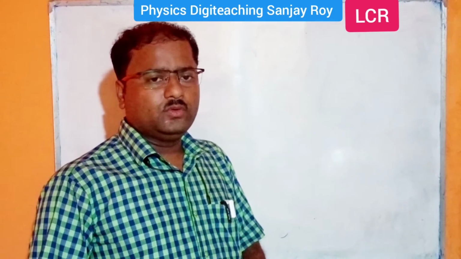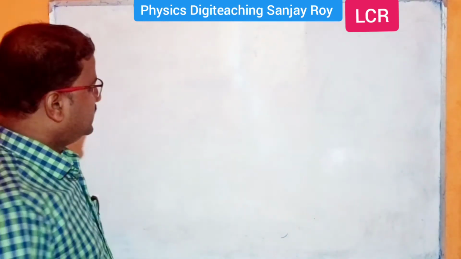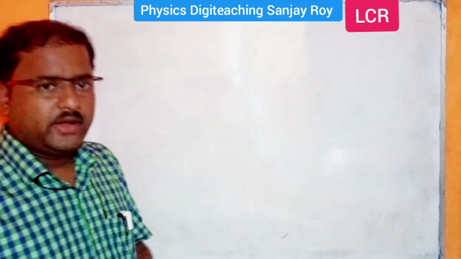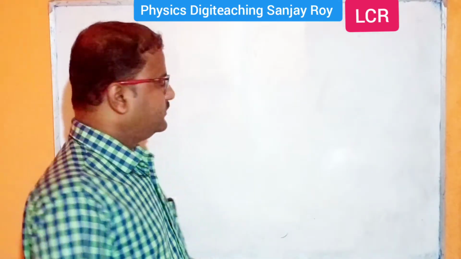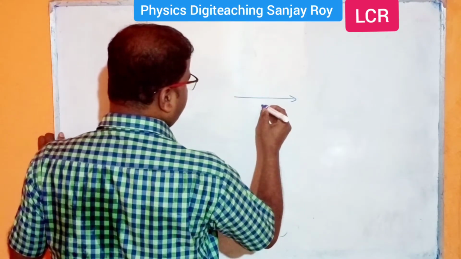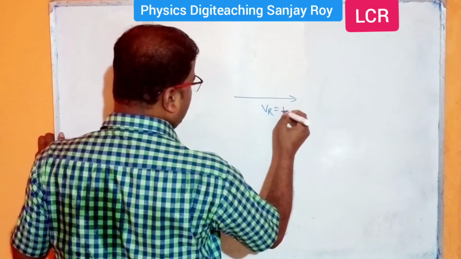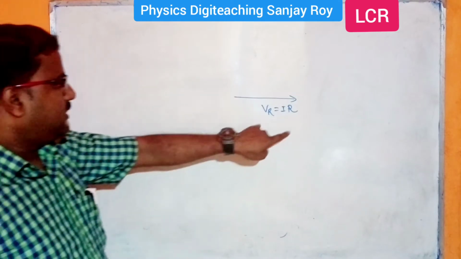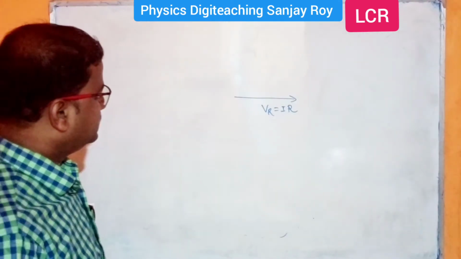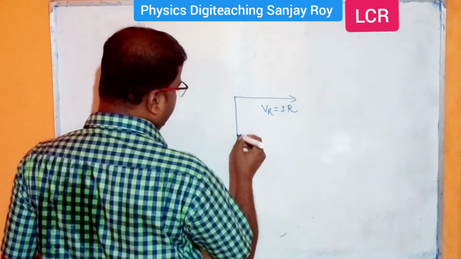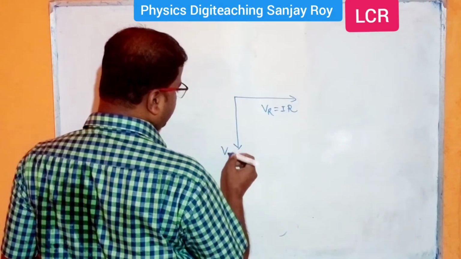In our previous class, we learned the voltage across capacitor, inductor and resistor. VR equal to I into R, voltage across a pure resistor, and the voltage across capacitor VC.